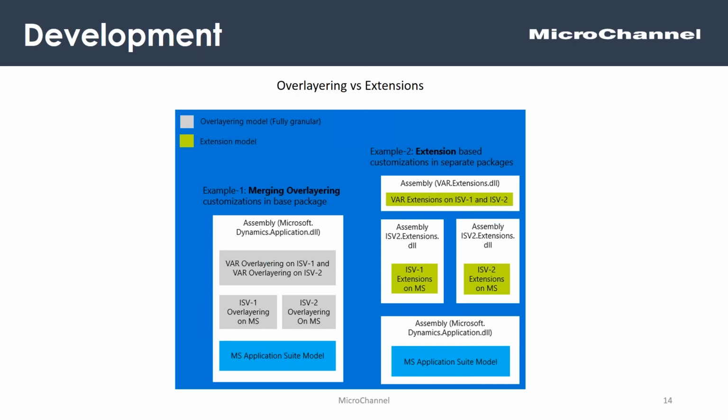For example, the extension would listen for when a record is being inserted into a particular table, and then your code can interfere, either with additional validations or additional tasks. This code can be written, compiled into a separate package as a separate DLL, and can be shipped independently.